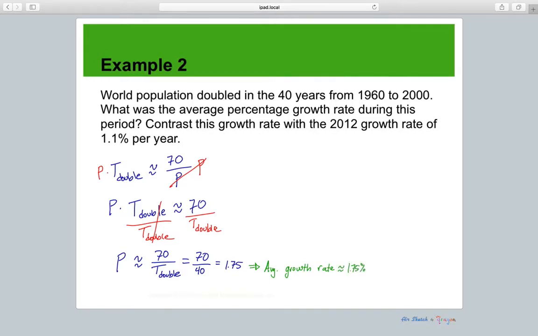So let's contrast that to the 2012 growth rate of 1.1%. So we can conclude growth has slowed significantly.